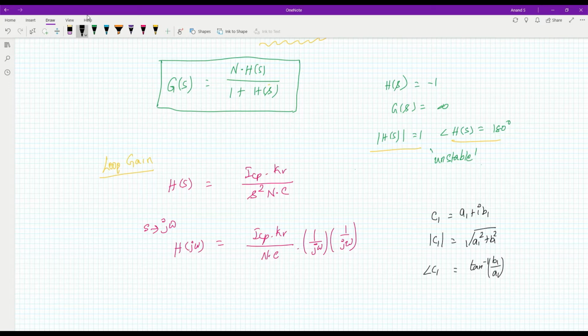Okay, if you have a complex number in the denominator, A1 plus j B1, then we have to multiply numerator and denominator by A1 minus j B1, its complex conjugate, divided by A1 minus j times B1.